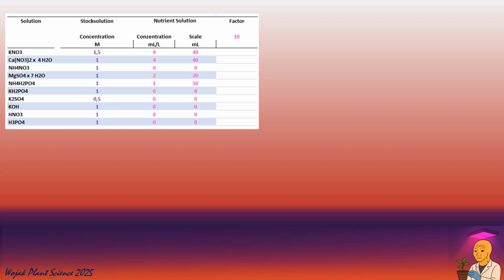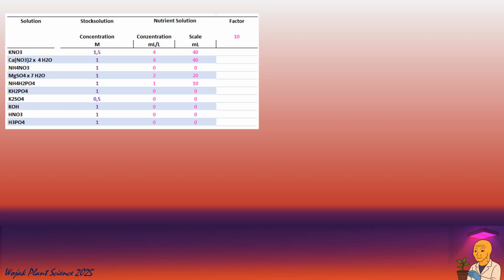This is ammonium nitrate, this is ammonium phosphate, or this is potassium phosphate, potassium sulfate, potassium hydroxide, this is nitric acid, and this is phosphoric acid. But about pH and base and acid, we are talking about that later.